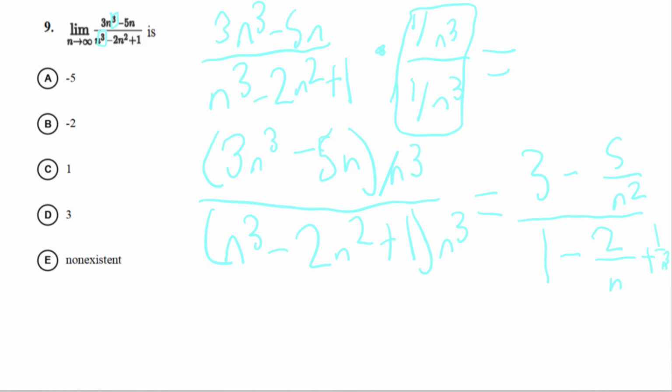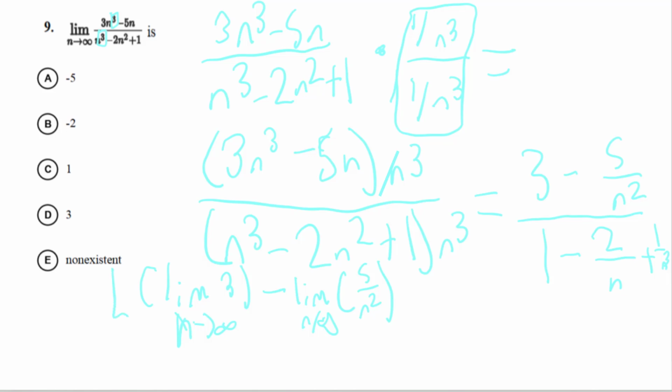Then we can now evaluate the individual limits. So basically using limit laws, we can break this expression into a bunch of different limits. We get the limit of 3, minus the limit of 5 over n squared, and these are all as n approaches infinity.